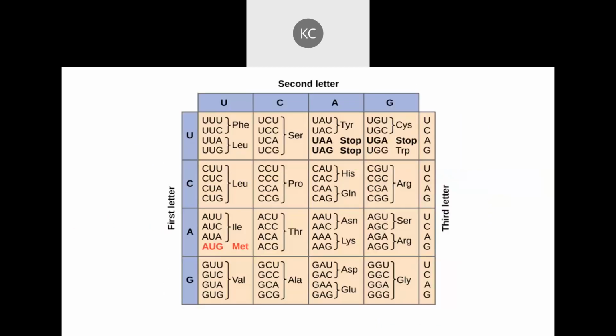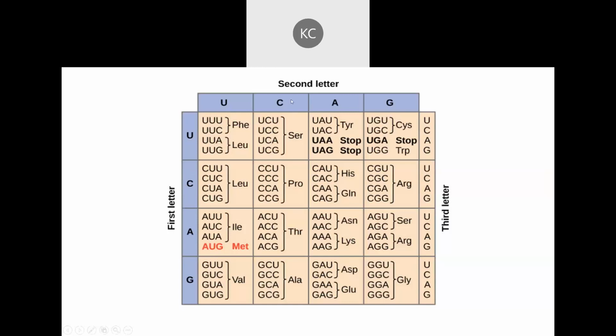So this chart here is the genetic code. This chart looks very confusing, but it's not, I promise. This region over here to the left is for the codon, so this is sometimes called the codon chart. The region to the left is the first letter of the codon.